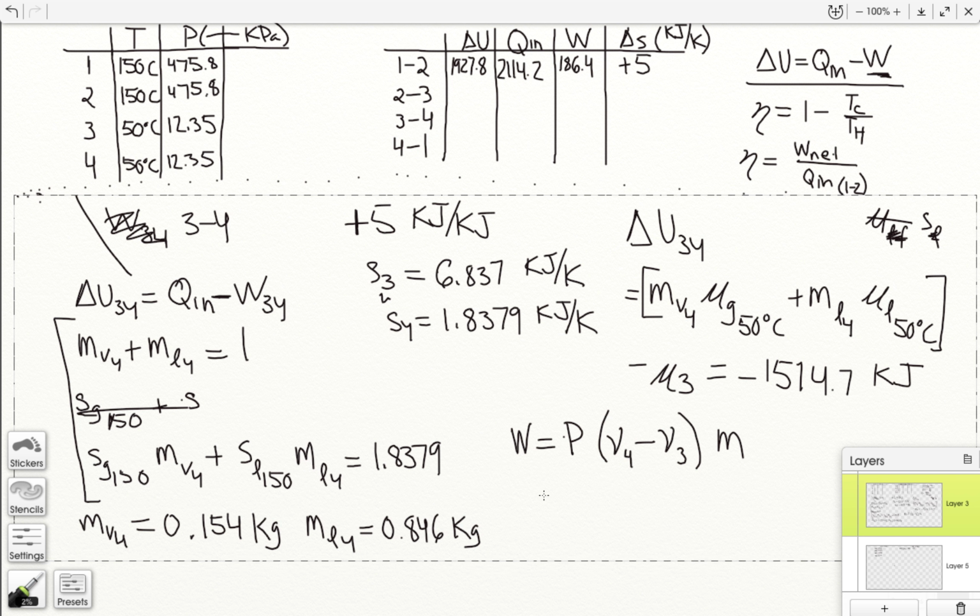You'll use these ratios to find V4 and V3, and this will come out to be negative 100.74 kilojoules.